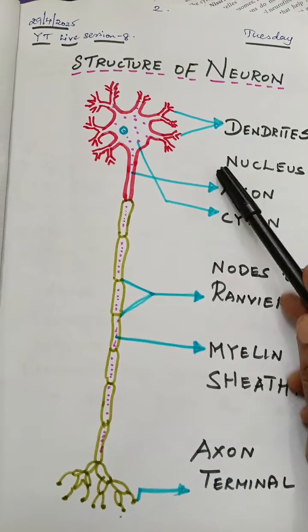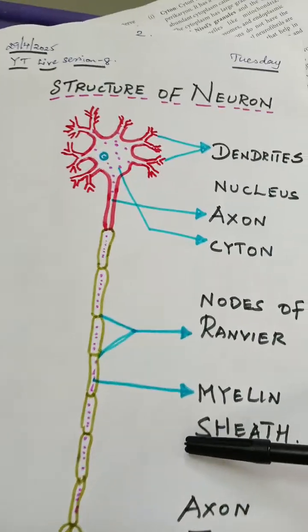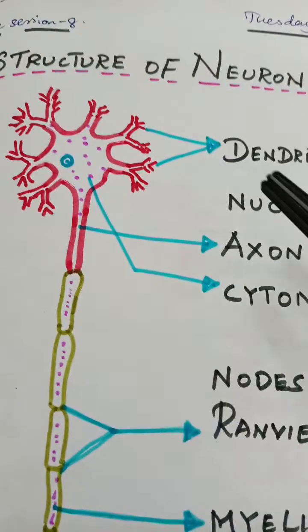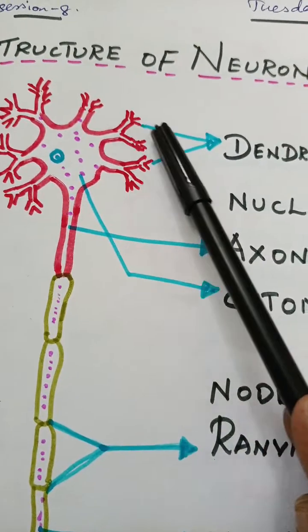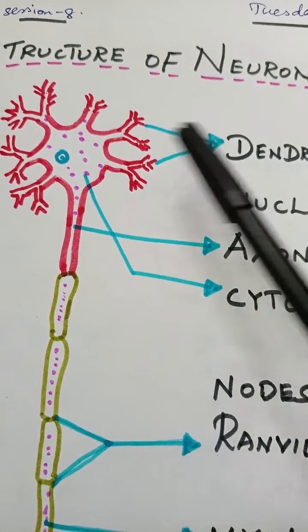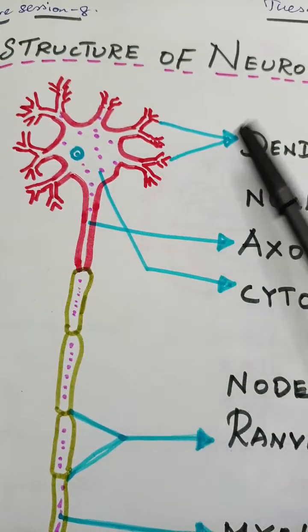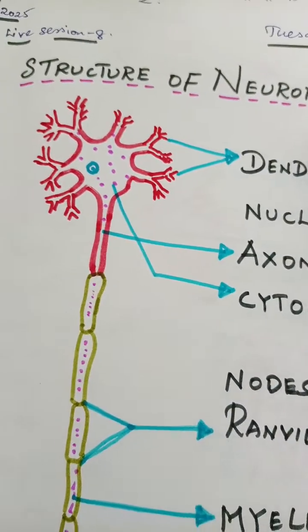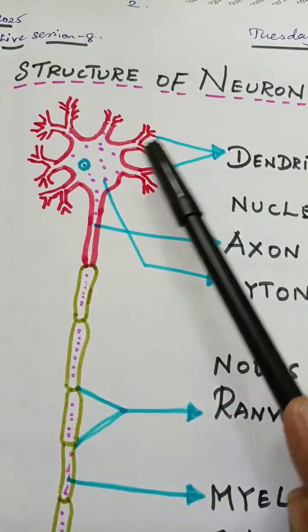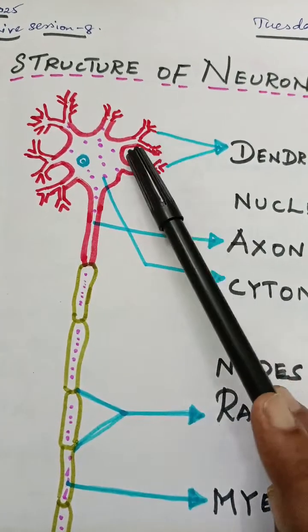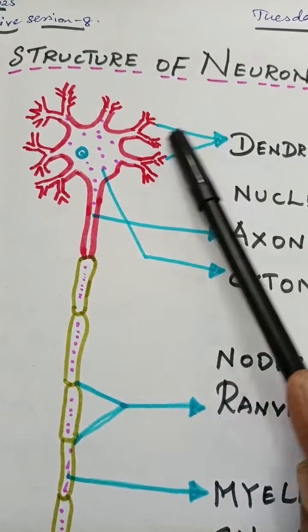Okay. Now today's session we are going to study in detail about the structure of neuron. If you look at the structure, you will come to know it consists of dendrites. The dendrites are the branches which come from the cytoplasm of the nerve cell. Neuron is nothing but a nerve cell. Understood? So from the cytoplasm, the outer projections come out like branches.